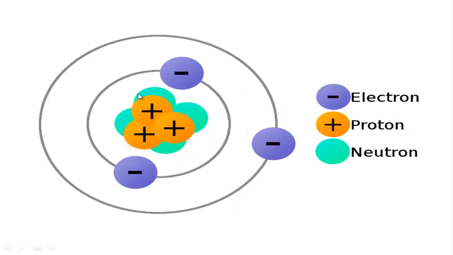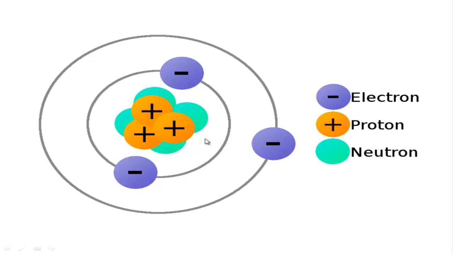At first you have to draw the nucleus, then draw circles for the electrons, and indicate that inside the nucleus there are protons and neutrons, and electrons are moving around the nucleus in different circular paths. If a question comes like this, draw an atom, you can just draw the atomic structure this way.